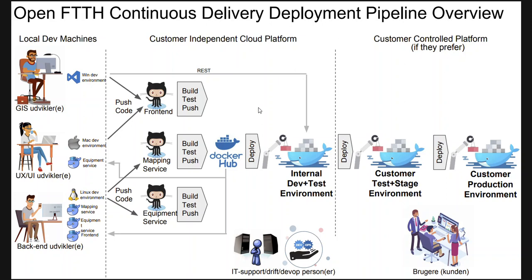But we're going to put some effort into making our code testable and also the integration tests, so that we are pretty sure that when we make some changes and something goes wrong, this build, test, push part will actually tell us this stuff is not going to work in production.